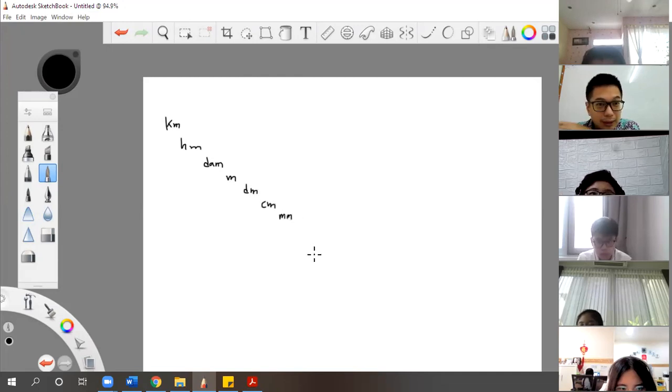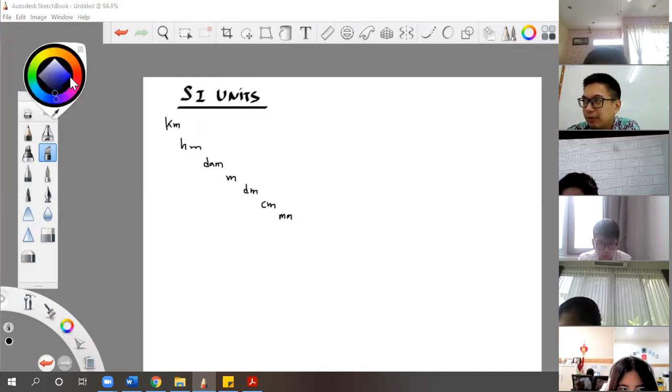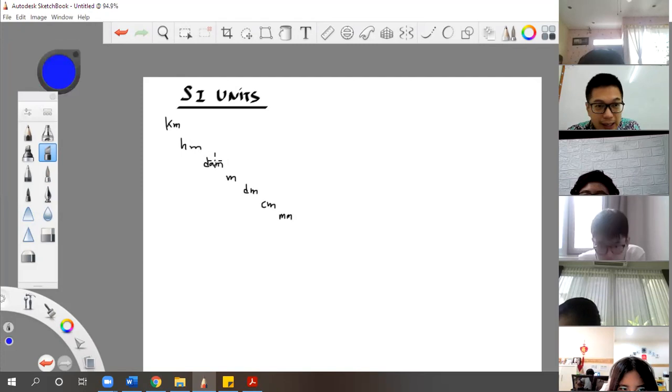There are other types of units, but we call this the SI unit, or international standard. So km stands for kilometer, hm stands for hectometer, m is the unit of length, right? Now dam is decameter.